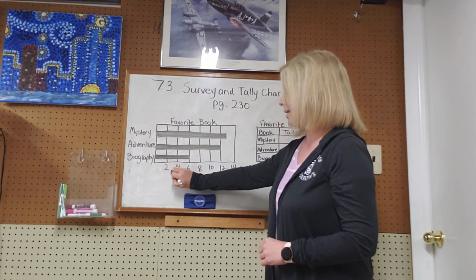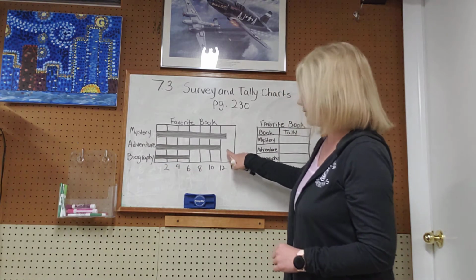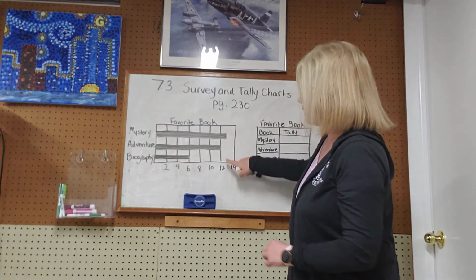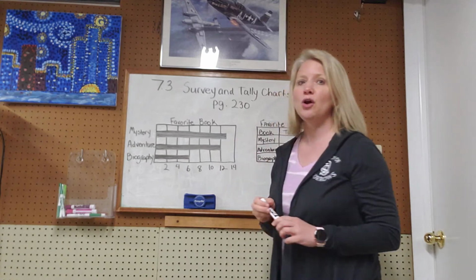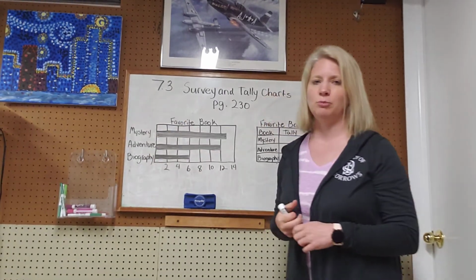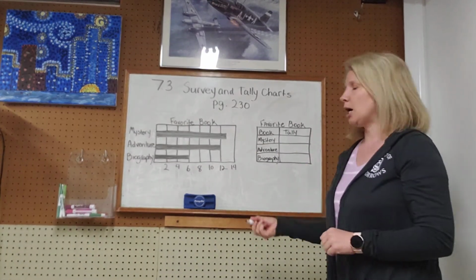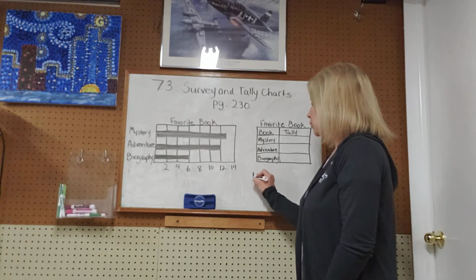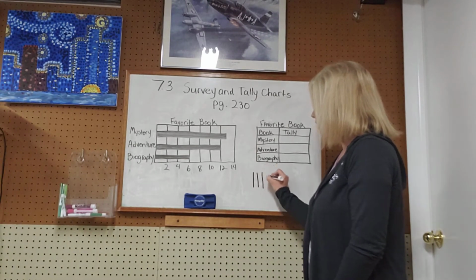We can see along the bottom, these are the numbers. We have 2 all the way to 14. So mystery was between 12 and 14. So 13 people chose mystery as their favorite kind of book to read. So remember a tally mark, it's 1 line down. 1, 2, 3, 4.